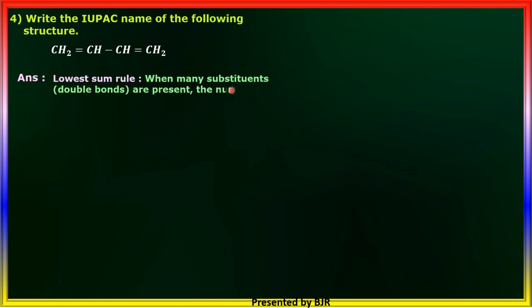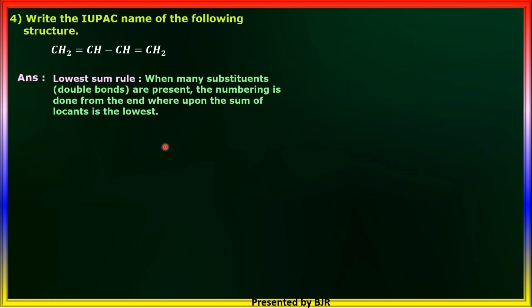When many substituents, that is double bonds, are present, the numbering is done from the end whereupon the sum of locants is the lowest. I already told you what a locant is. A locant is a number that locates the position of the double bond.